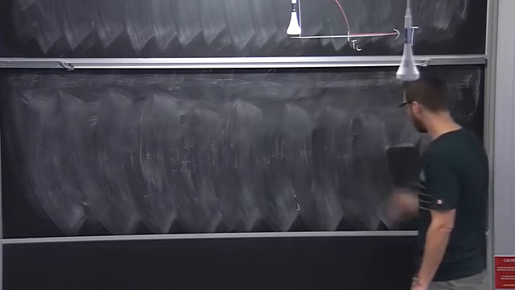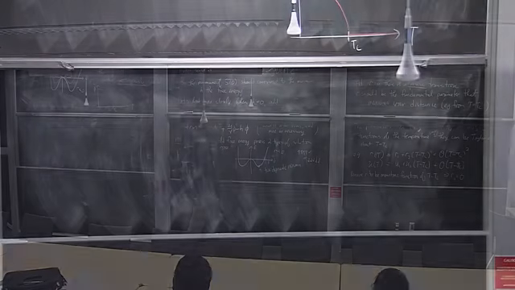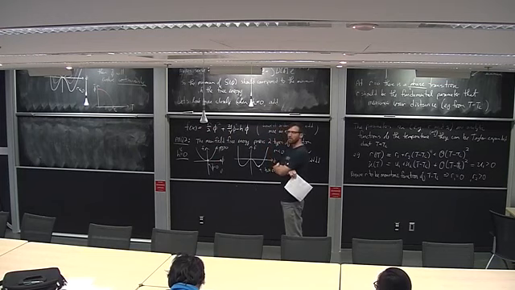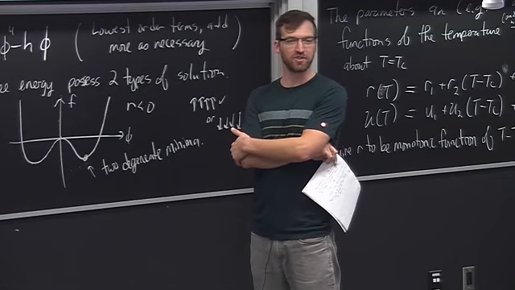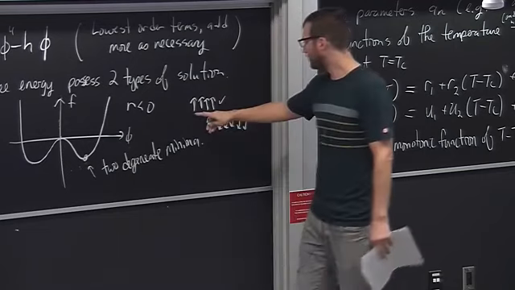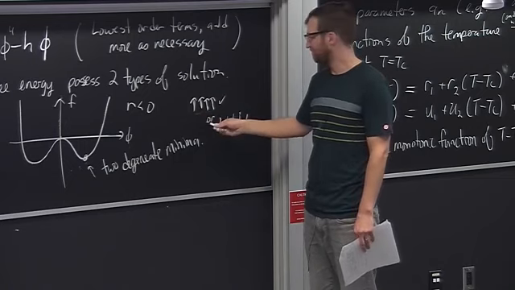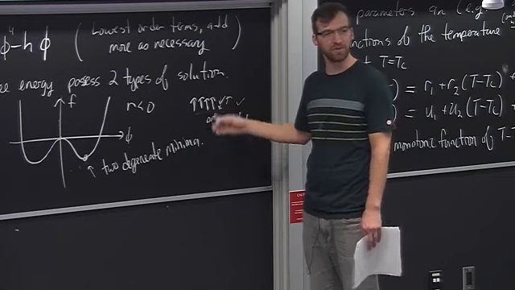Why did we need the mean field? So it's called mean field theory because, what have we done? We've just written the free energy as some Taylor expansion of phi. We have no spatial variation of phi, so there's just a phi term. We don't have any information about the spatial variation.